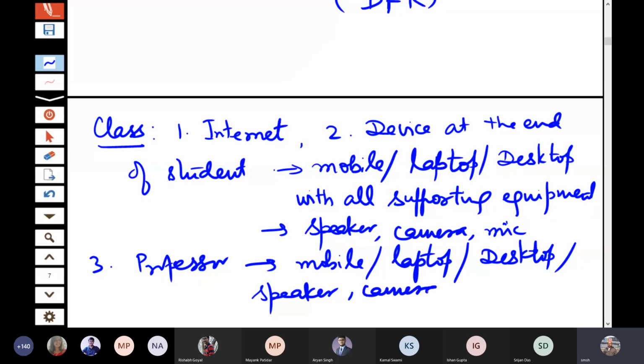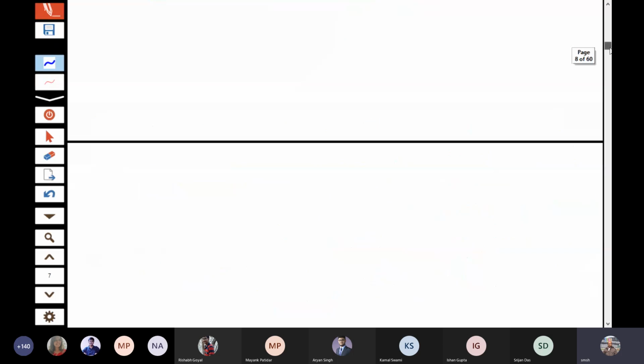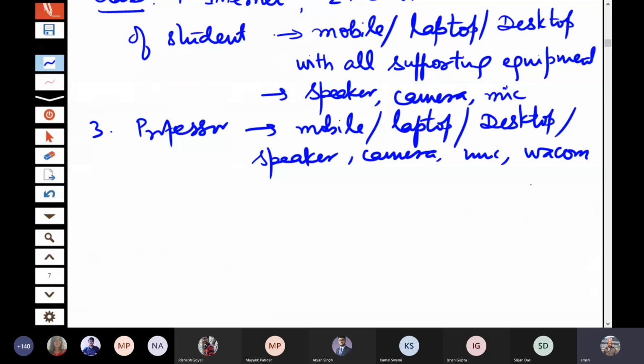So I need, for example, I am using a unit to write, and that unit to write is again a screen, and then there is a pen here. Okay, and again this is connected. So all of these things should be functioning in order that this class can be conducted smoothly. So each of them has a reliability, and of course there is a power also.